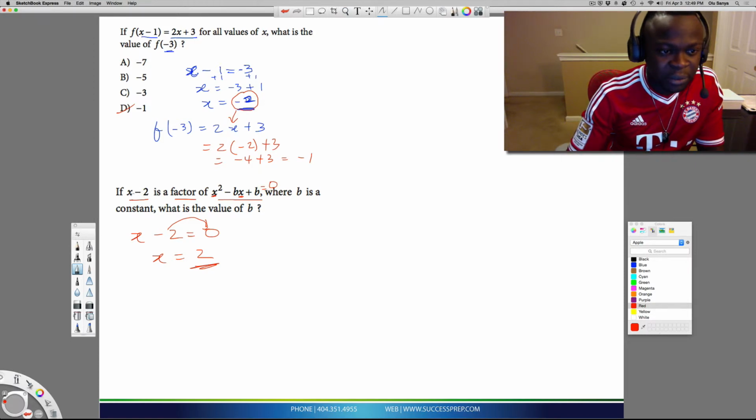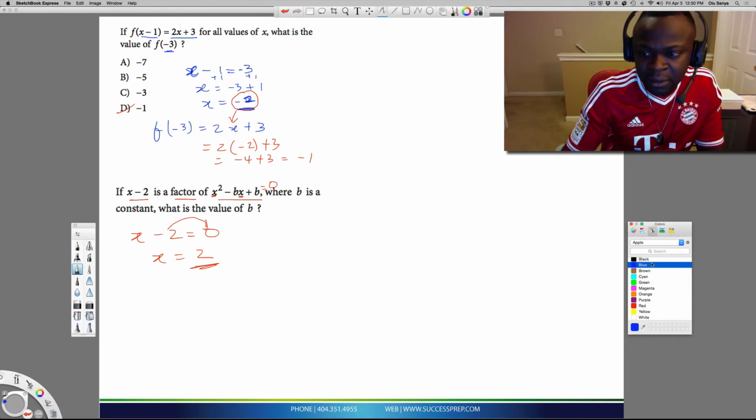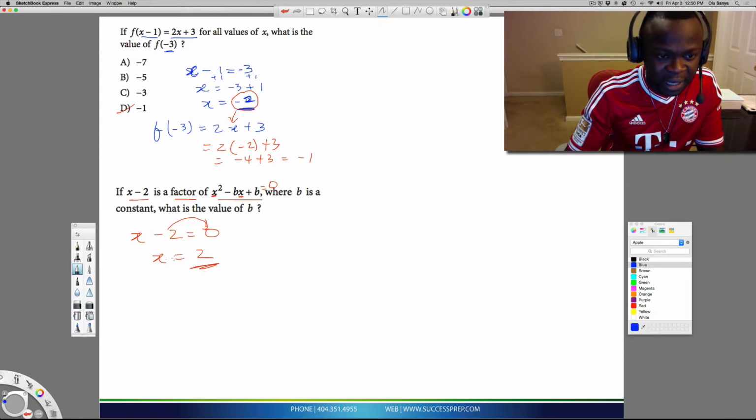Something that's a factor, when solved, its x value when plugged into the quadratic makes the whole quadratic 0. So what that allows me to do is plug in this x of 2 in here. So instead of having your x squared minus bx plus b, we would put 2 there for your x, and 2 there for your x again, plus b.